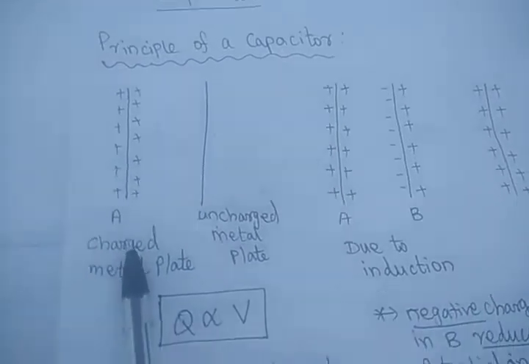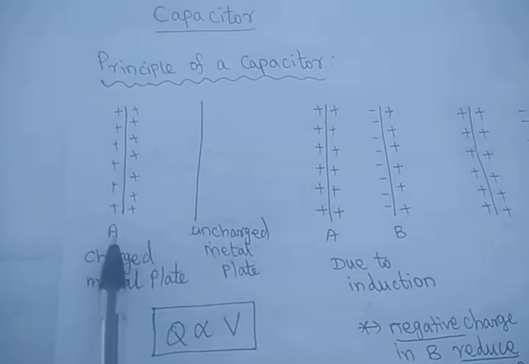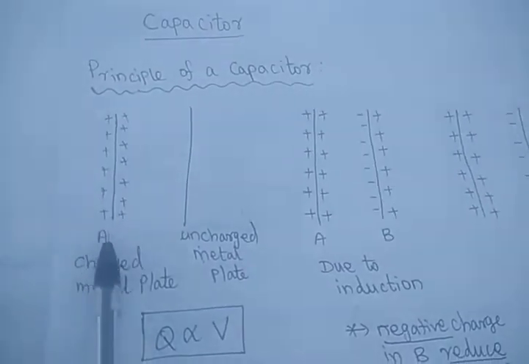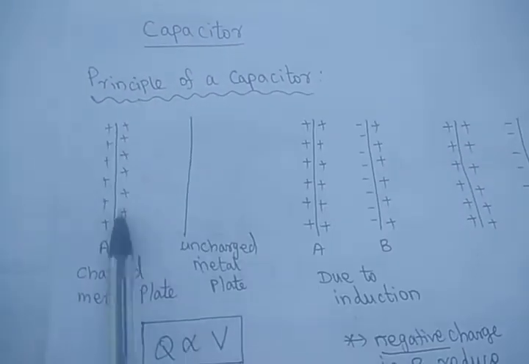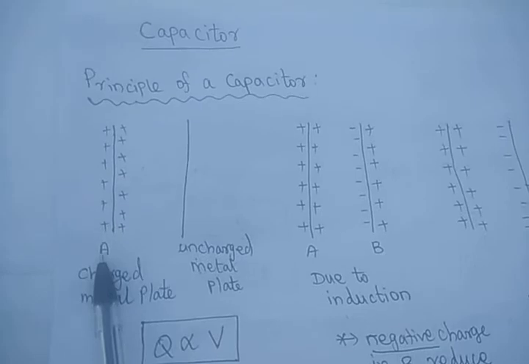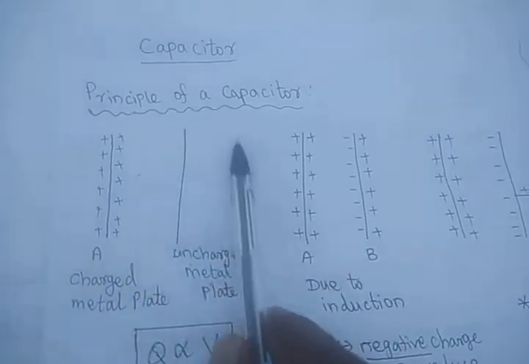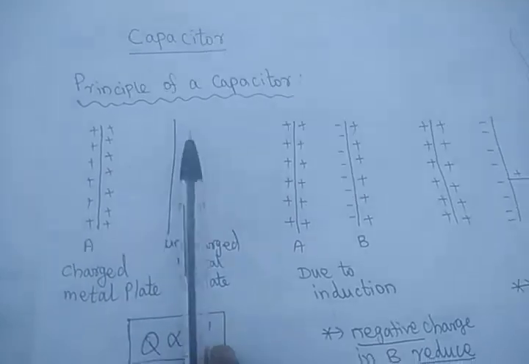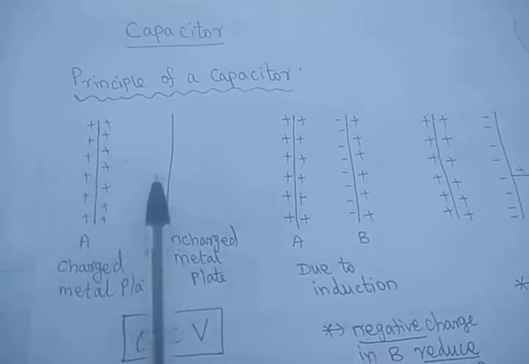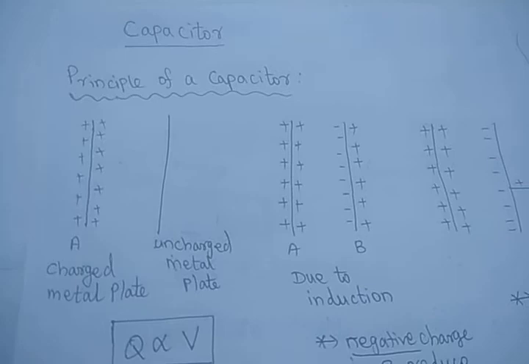First we take a positively charged metal plate A. Then you keep an uncharged metal plate nearer to this charged metal plate. Initially there is no charge. What will happen?